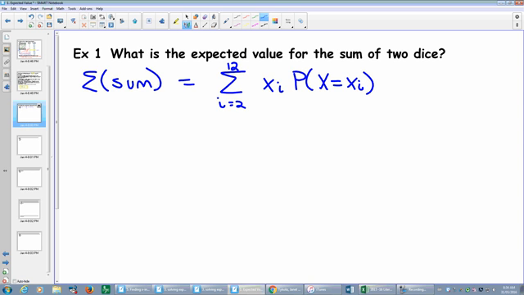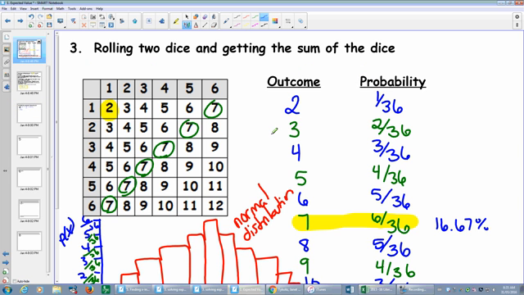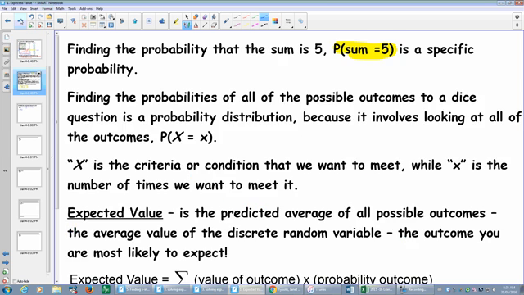So again, xi is the value of the outcome. I'm going to start with my lowest bound. My lowest is 2. I can roll a 2 when I roll a die. That's my smallest value. What was the probability of me rolling a 2? 1 over 36. Okay, I'm just looking at this chart up here. 2 times 1 over 36.